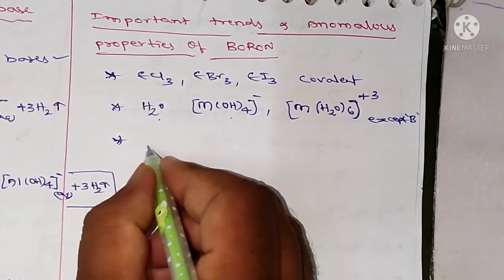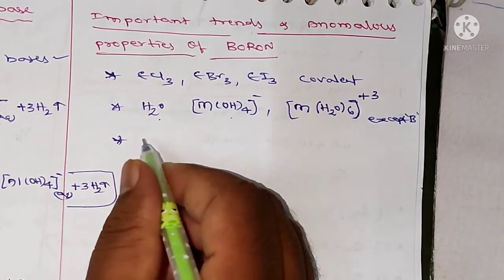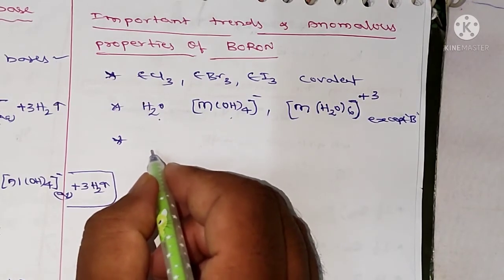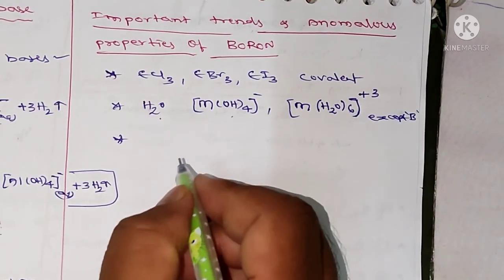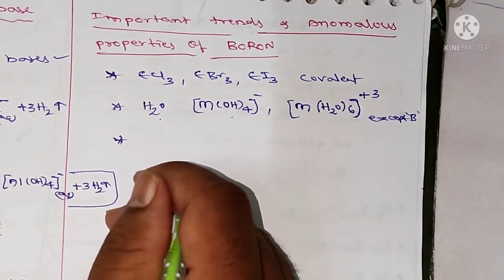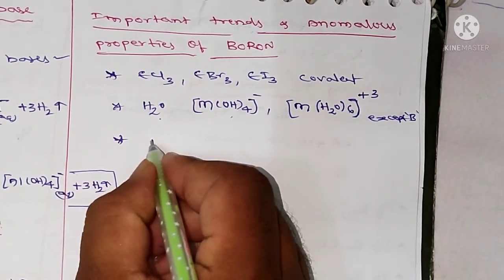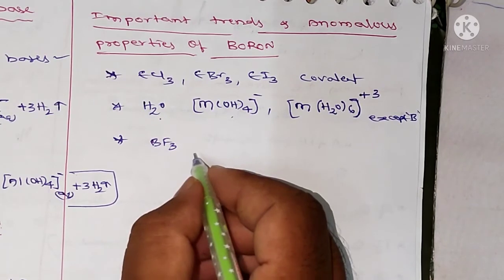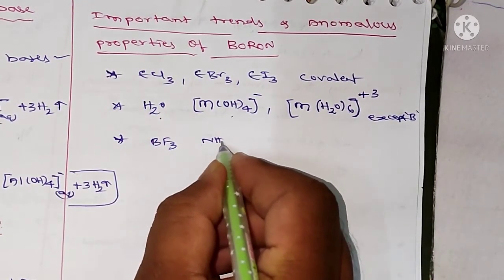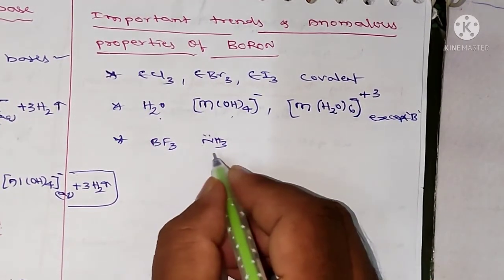The monomeric trihalides are electron deficient and they are strong Lewis acids, meaning they can accept electron pairs. For example, BF3 easily reacts with the Lewis base NH3.